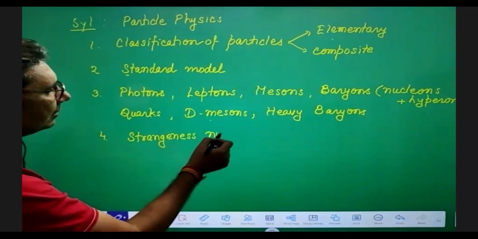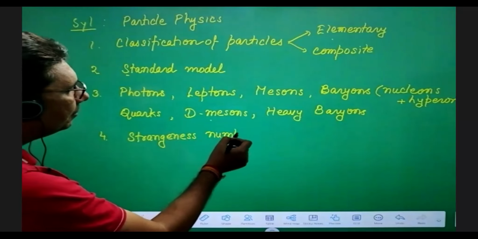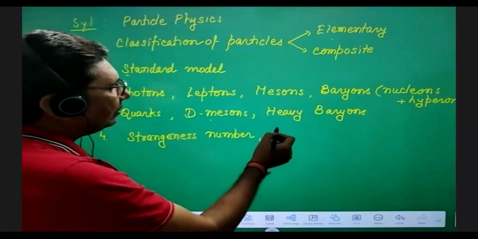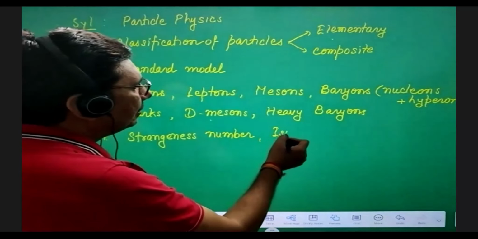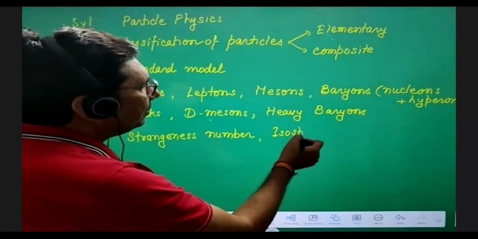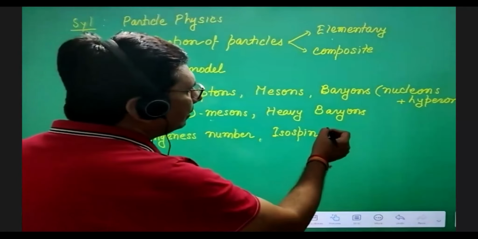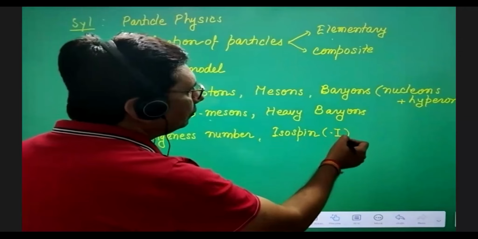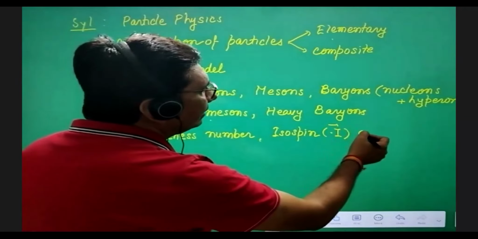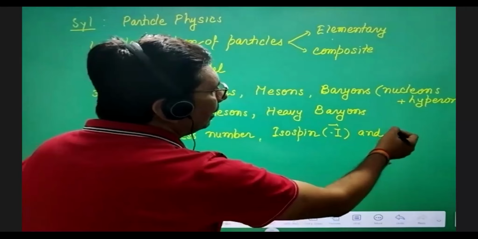So I'm going to discuss strangeness number. Isospin. What is the meaning of isospin? How is this number defined? And this is denoted by I. And its third component, I3.